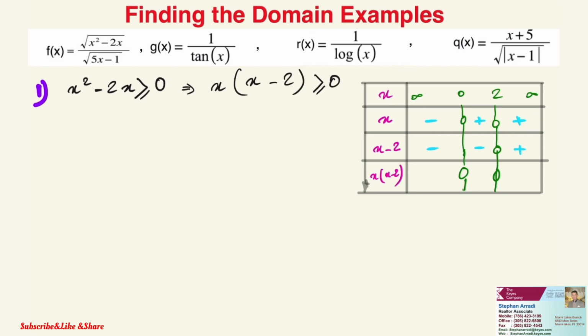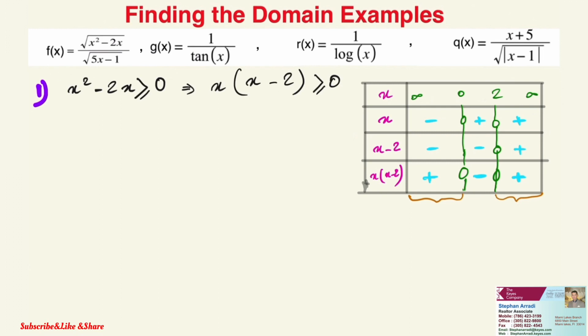So if we look here, we see it's positive here, because multiplying positive by positive gives positive. It's negative here and positive here. So from here we see that the answer is going to be this part here plus this part here, where this function is bigger than or equal to 0.